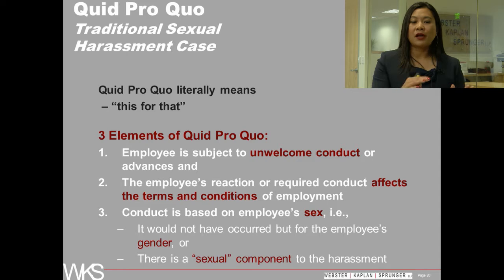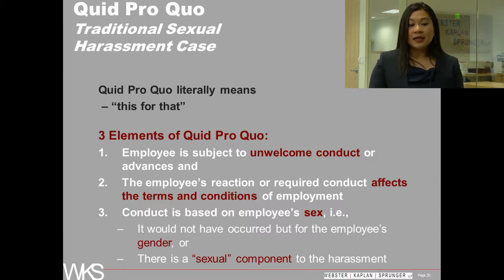So let's go back to the elements of quid pro quo. First element of quid pro quo is employee is subject to unwelcome conduct or advances. So just like in the scenario I gave you with a supervisor who's receiving massages from this assistant, we're going to assume that the assistant does not welcome the request for the massages or the supervisor asking her out on dates. So that would be satisfying the first prong, which is unwelcome conduct.